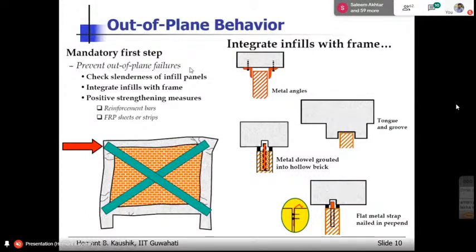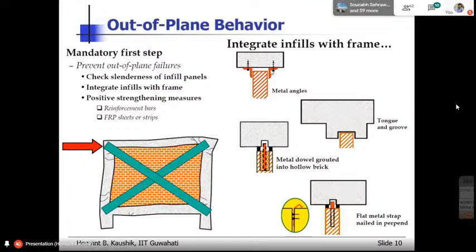Another option is to integrate the wall and the top beam and of course the column by using these metal angles. We can have one metal angle here, another here, maybe another here, distributed maybe at a spacing of 0.5 meters or 1 meter, depending on the length of the wall and the thickness of the wall.